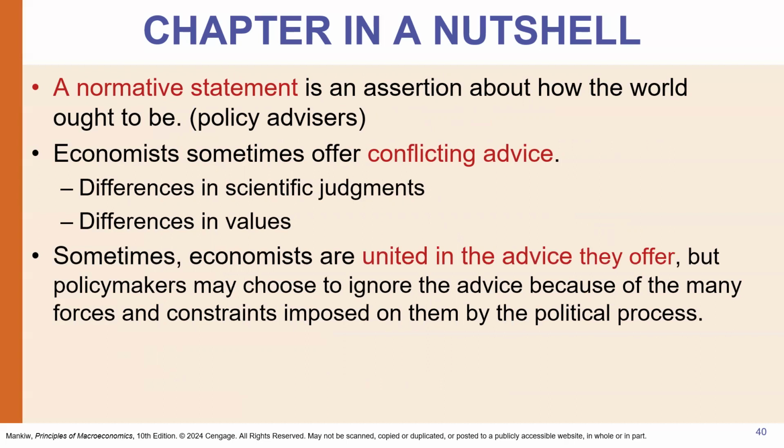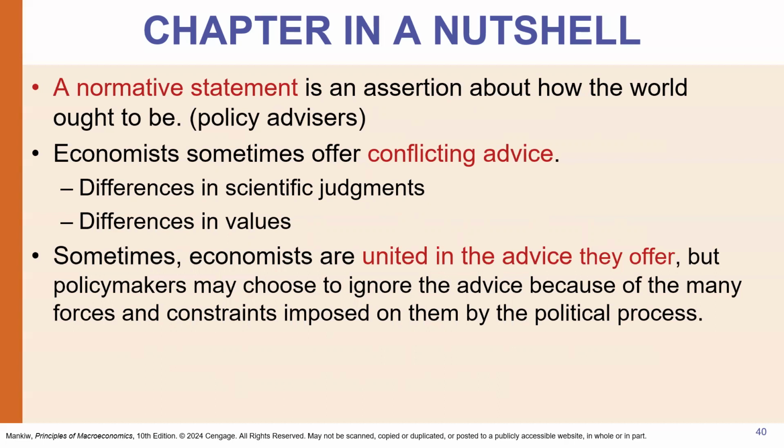The economists sometimes offer conflicting advice, but it is not really a huge problem. It only reflects the differences in scientific judgments and differences in values. So we always need to see through this kind of disagreement and get insight about the commonalities among all those pieces of advice.